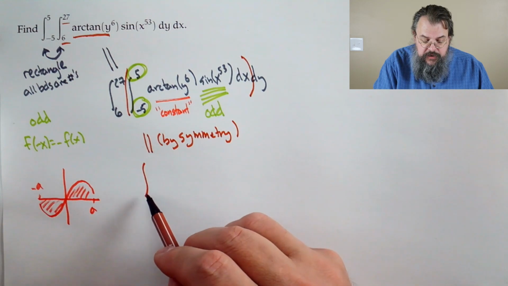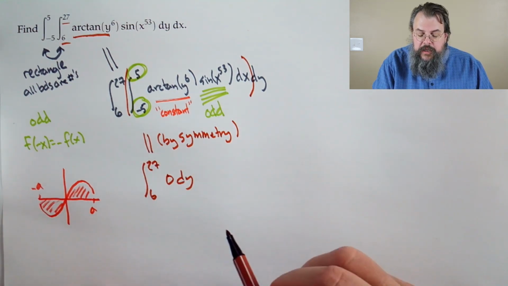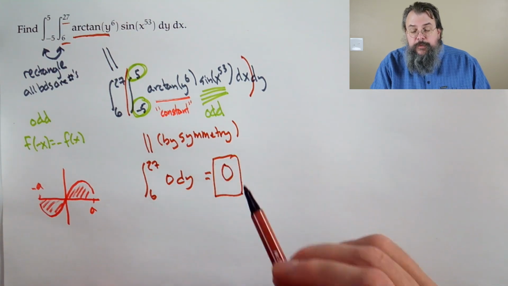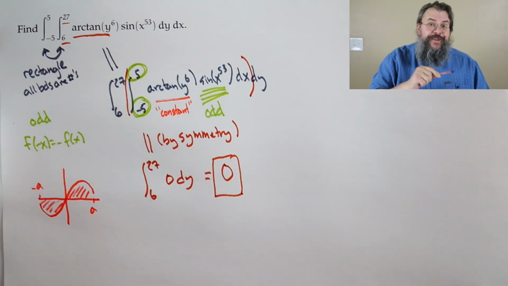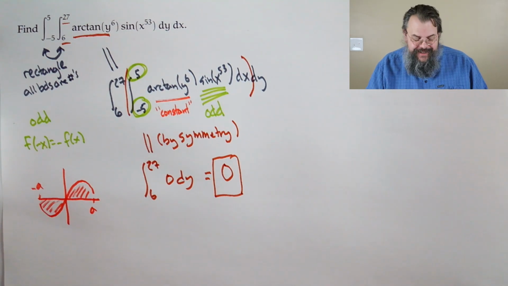So this becomes the integral 6 to 27 of 0 dy, which, that's easy to compute, that integral will be 0. Now you might say, Steve, shouldn't you have said it's 0 evaluated from 6 to 27? Yeah, but it's still 0. Okay, so done. All right.